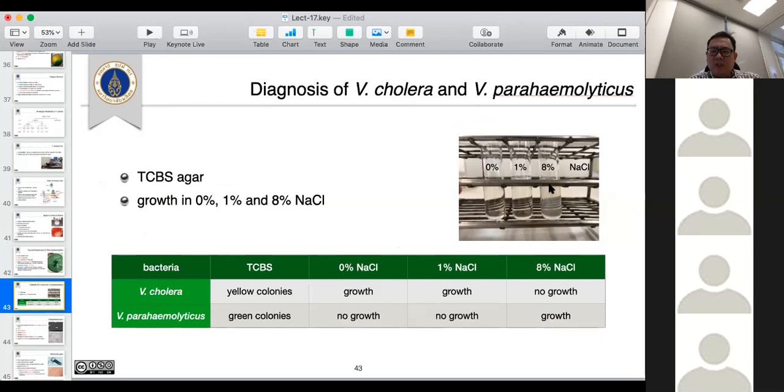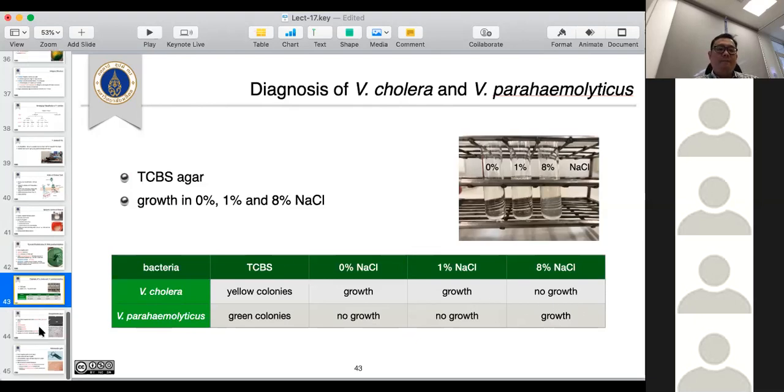If you see it's turbid in 8%, that means they prefer to grow in high salt. Vibrio parahaemolyticus will not grow in 0% sodium chloride. They will not grow in fresh water. Okay, but cholerae can grow in 0% or 1%, but not 8% sodium chloride.